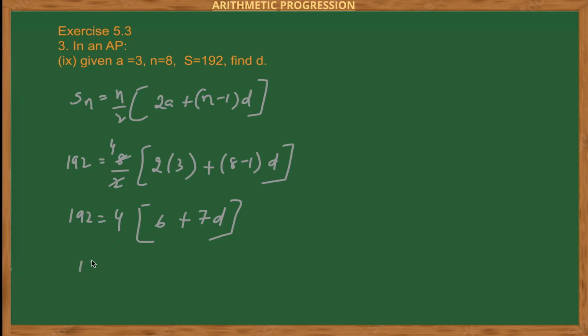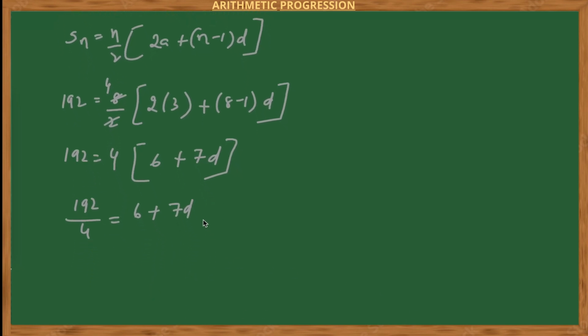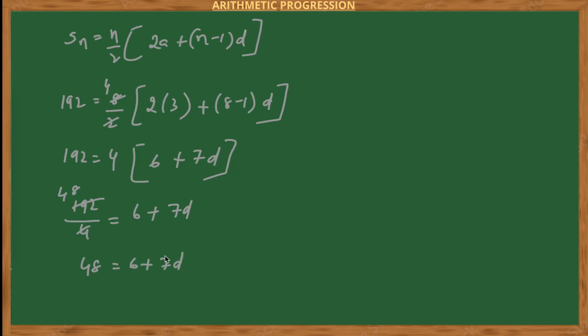So we can bring this 4 towards this side. This becomes 6 plus 7D. 4 gets divided, so 192 divided by 4 is 48. 48 is equal to 6 plus 7D.